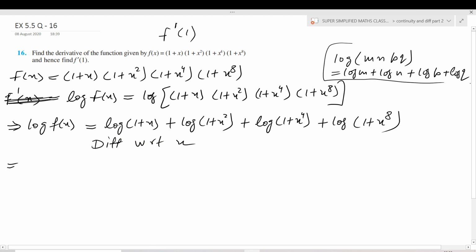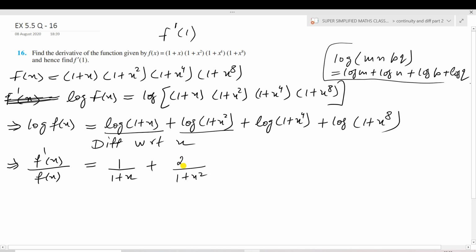So the derivative of log f(x) will be 1 upon f(x), and in the numerator we will have f dash x. The derivative of log (1 plus x) will be 1 upon (1 plus x), but the derivative of 1 plus x is 1 only, plus the derivative of log (1 plus x square) will be 1 upon (1 plus x square), and in the numerator the derivative of 1 plus x square, which is 2x.